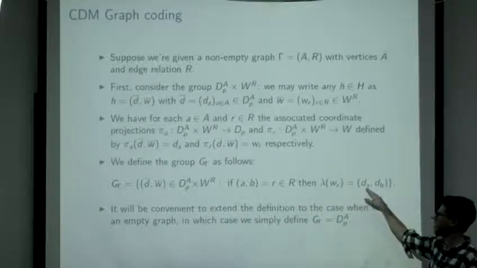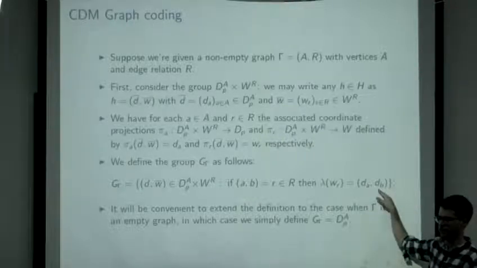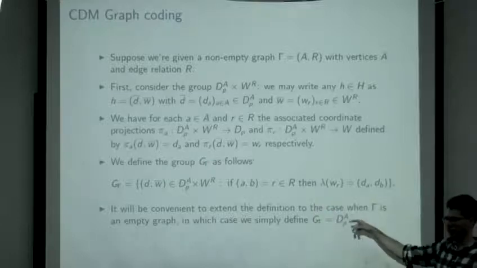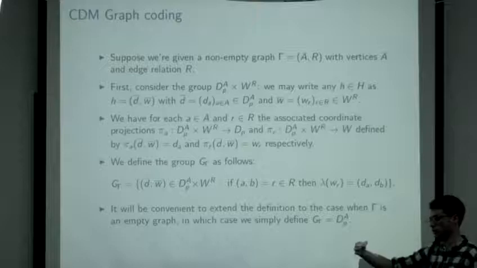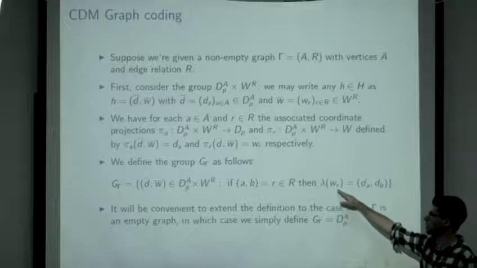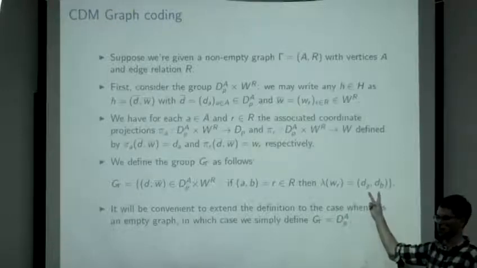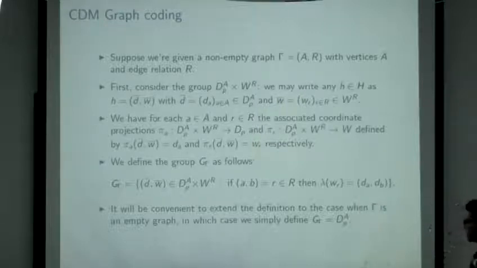Then I want that to match the Dp parts. So if I have an edge from A to B, and I look at the coordinate that comes from the edge and I apply lambda, then I get the coordinates that come from the vertices. They match. So this is the definition.